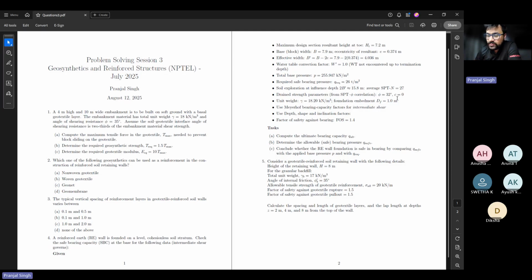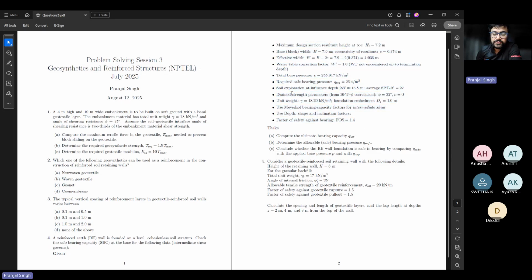Yeah, so IS 6403. Here it's written to use Meyerhof's theory, but you can use whatever theory you like, possibly the one mentioned in the IS code, which is basically the basic theory. But you can use Meyerhof's theory to calculate this, or the basic theory.